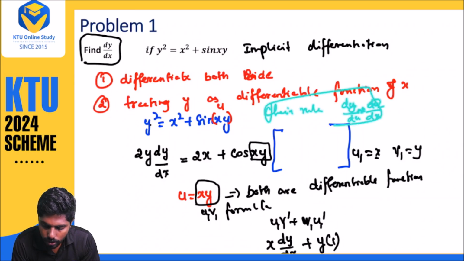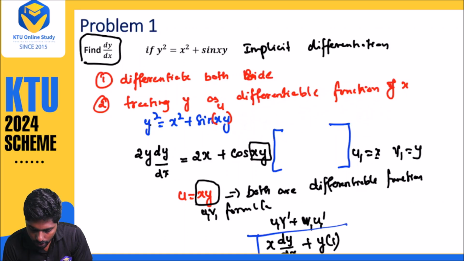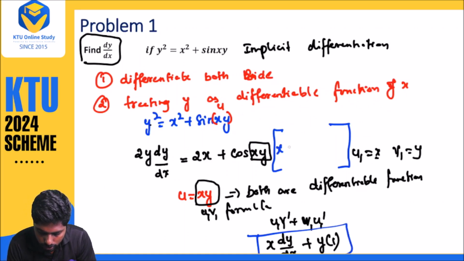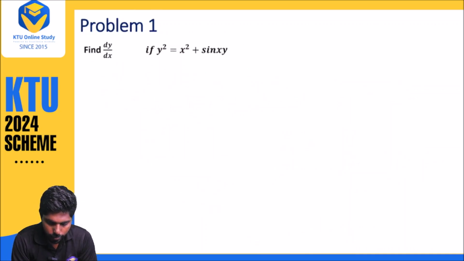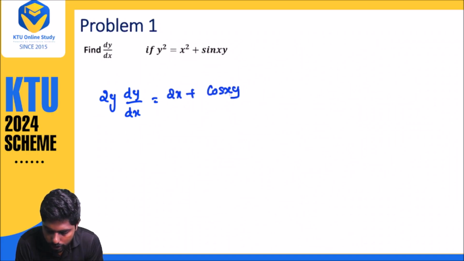Putting this value in here, we get x into dy by dx plus y. So we are getting 2y dy by dx is equal to 2x plus cos xy into x dy by dx plus y.